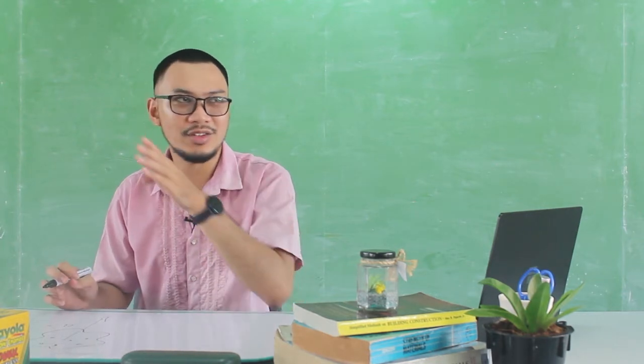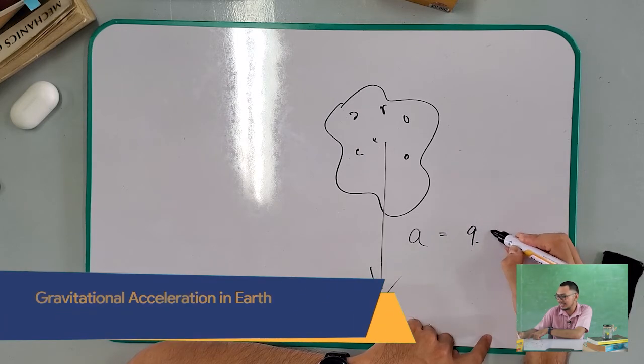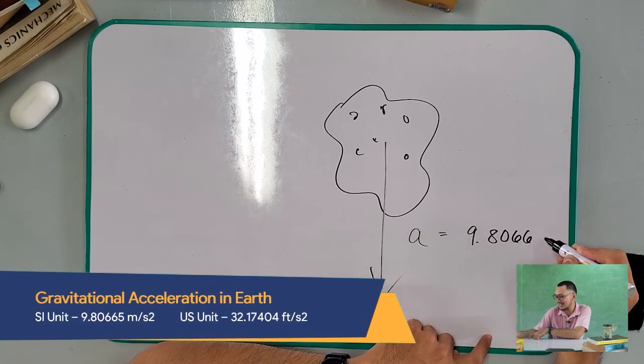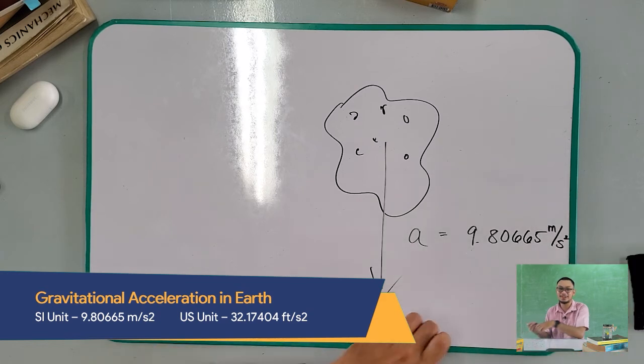And in our subject here in statics, we usually use a widely used gravitational acceleration, which is determined at 45 degrees latitude of the Earth. The acceleration due to gravity in SI units is 9.80665 meters per second squared.